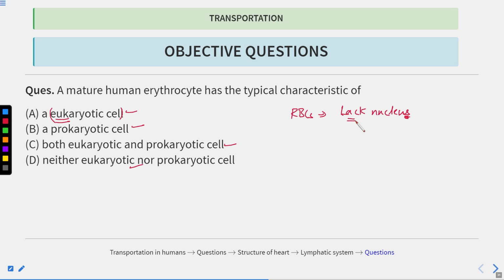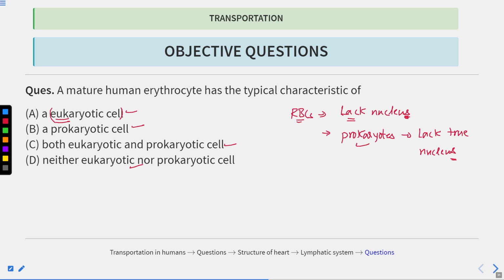So this absence of the nucleus is a feature of what? Prokaryotes. If you talk about the prokaryotes, they lack the true nucleus. So these erythrocytes, RBCs, have the feature of both the eukaryotes as well as the prokaryotes.